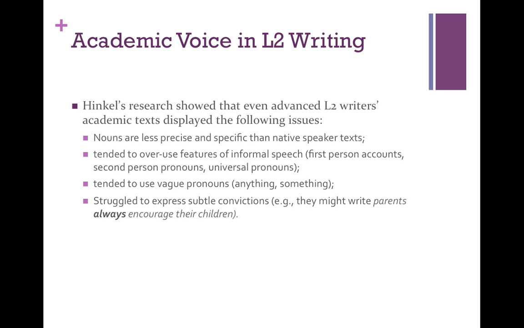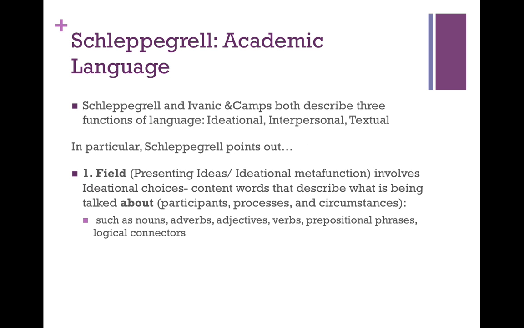So they might write, "Parents always encourage their children," instead of something like, "Parents tend to encourage their children." So the specific ways of using language and more subtle ways of using pronouns and expressing subtle convictions can be a challenge for second language writers.